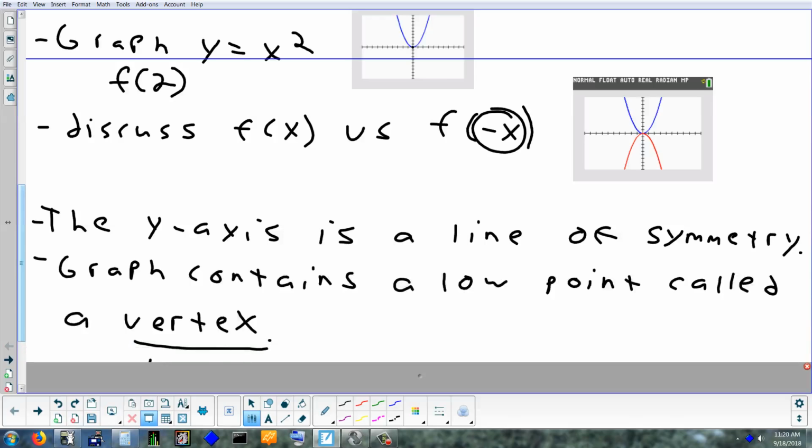And that low point is the vertex. Now, the vertex isn't always the low point. In the red graph, the vertex is the high point. So it depends. If you flip the graph over, it might become the highest point.